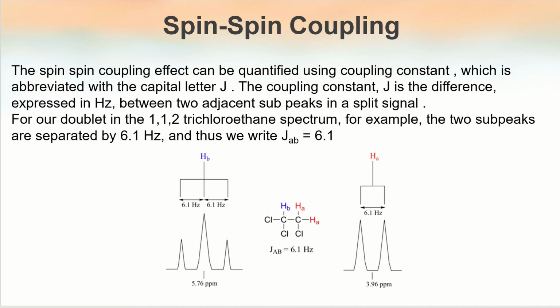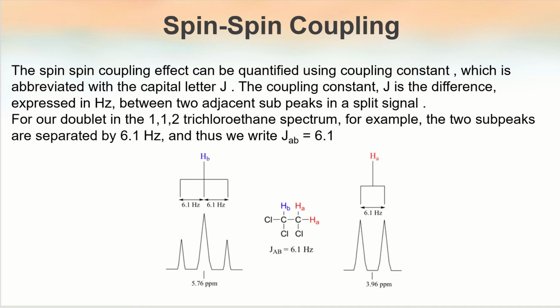All right, so the spin-spin coupling effect can be quantified using the coupling constant, which is abbreviated with the capital letter J that I'm sure we have met already. The coupling constant J is the difference expressed in hertz between two adjacent subpeaks in a split signal.